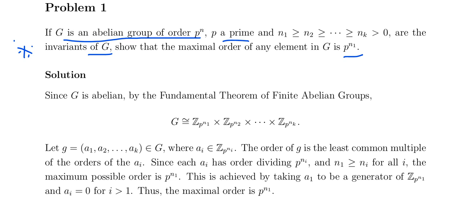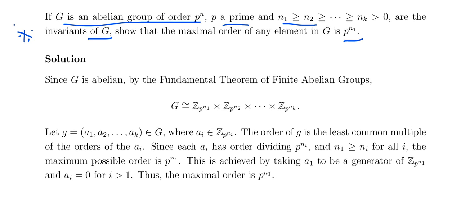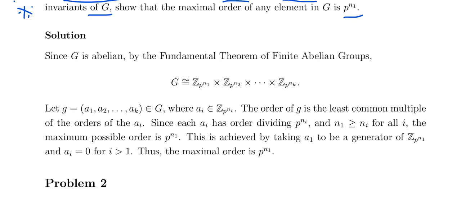Okay, the maximal order of any element of G is p power n1. So that is a simple proof.